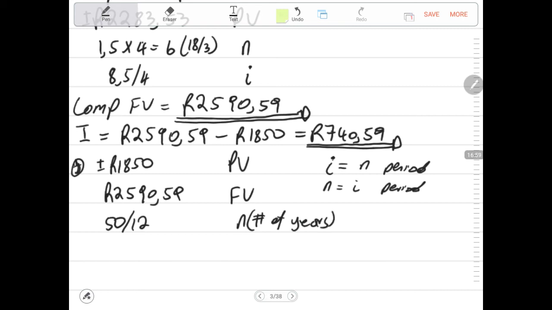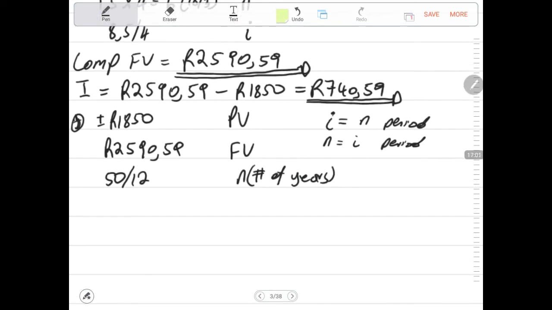That is why we said 50 divided by 12. So we say compute interest. Now because our period of N is in years, then our interest will be in years. So we don't have to multiply, because the period of N is in years, then automatically your answer of I will also be in years.